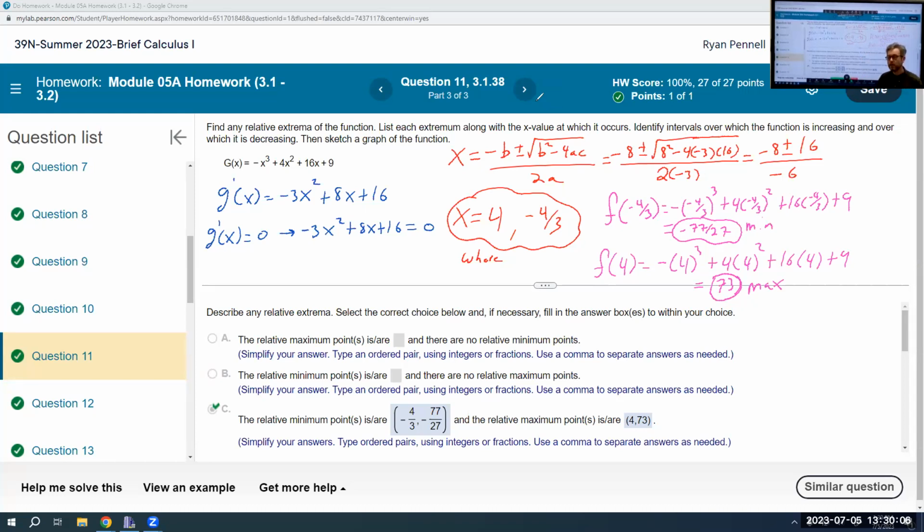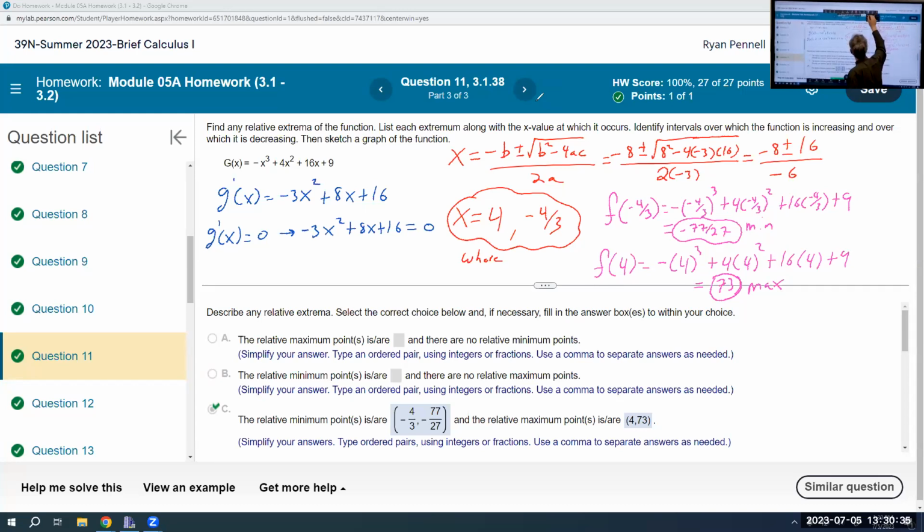How do you do that? Take the derivative, set it equal to 0, solve for x, plug those x's into the original function, and that tells you. Another way to do it is to graph the function, and you can see where this occurs. I'll get to graphing later. I already have my graphing calculator pulled up, and on some of those I'll do that as well. You can do that on any of these though.